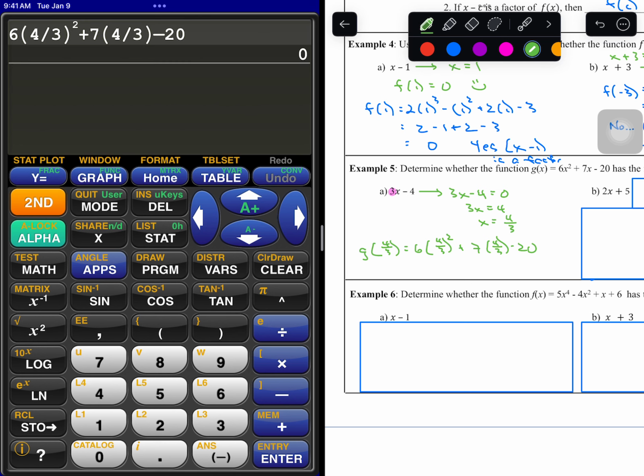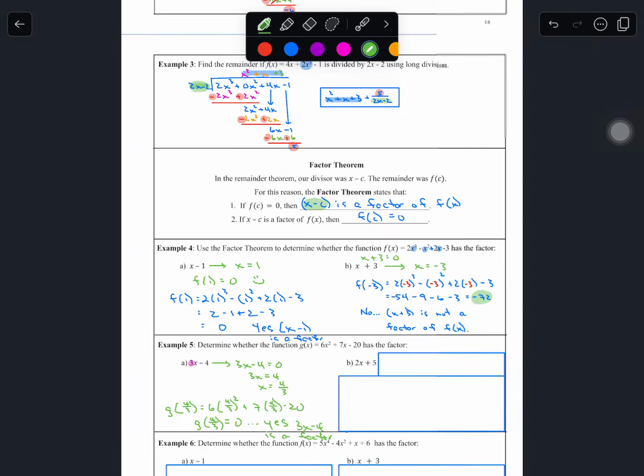And I end up with 0. So g of 4/3 is equal to 0. So yes, 3x minus 4 is a factor of that polynomial. I think that's easier than long division, but if you liked long division, you absolutely can stick with it.